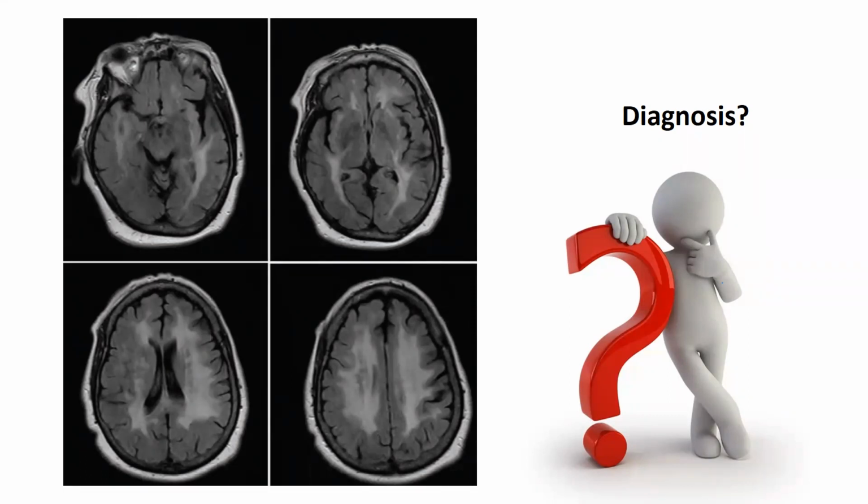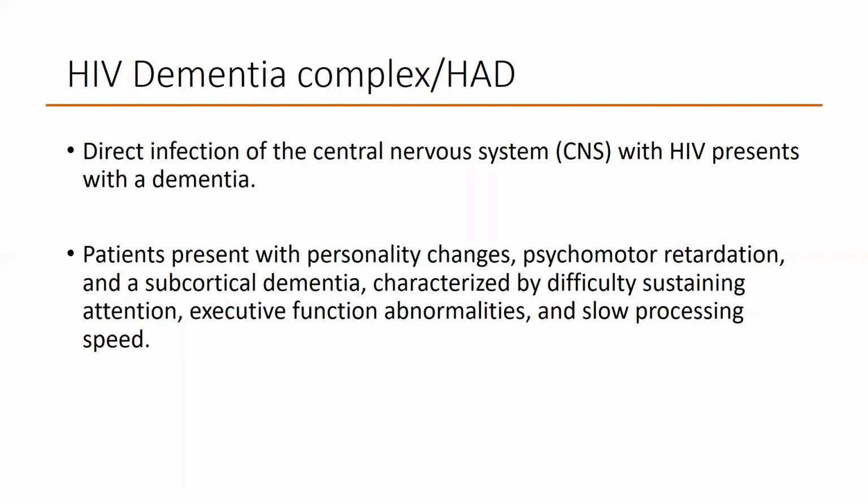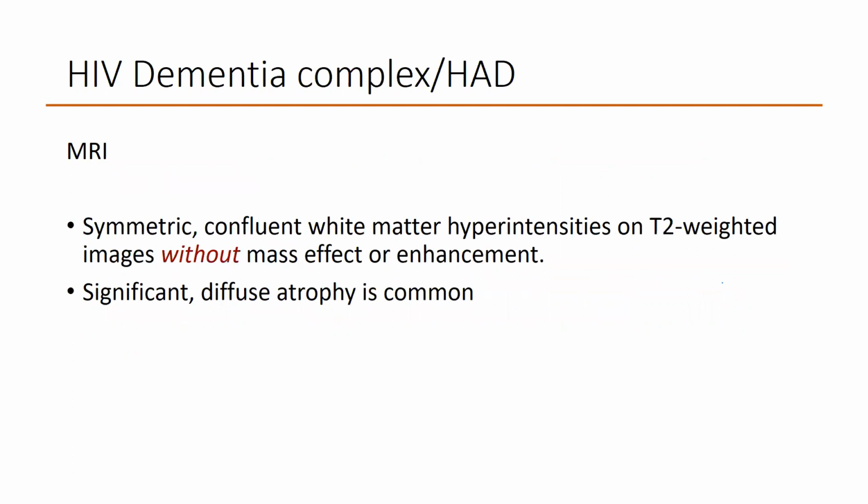So in this setting, as you already mentioned, this is a patient with HIV dementia complex. It is usually due to direct infection of the central nervous system, and HIV leads to a subcortical dementia. Patients present with psychomotor retardation, executive function dysfunction, abnormal gait, and urinary problems. The MRI, like you mentioned, shows symmetric confluent white matter hyperintensities.